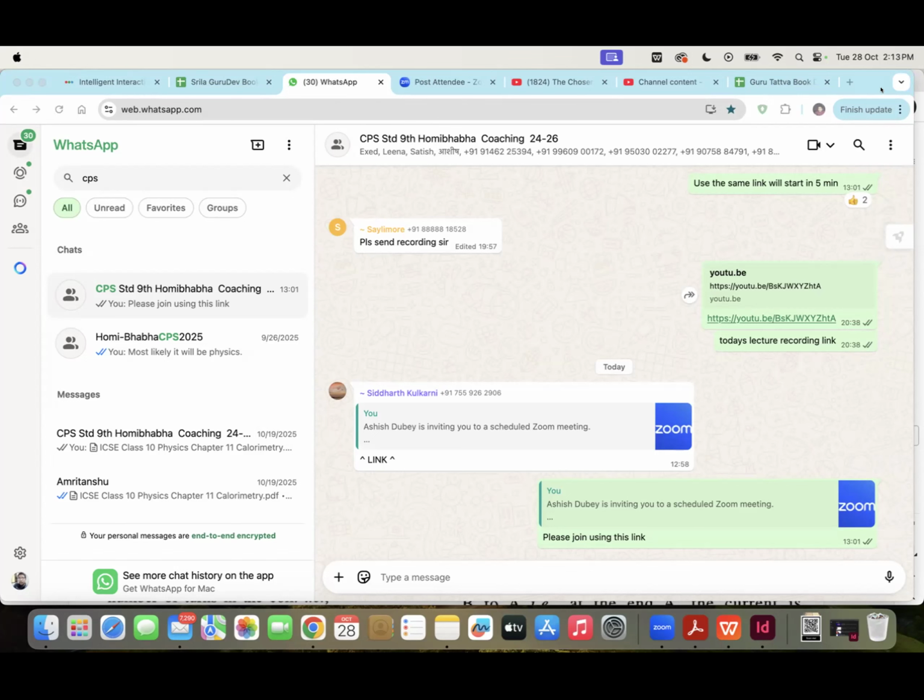So first one is salt. What is salt? Salt is a combination of acid and base. Whenever acid combines with base, we get salt.